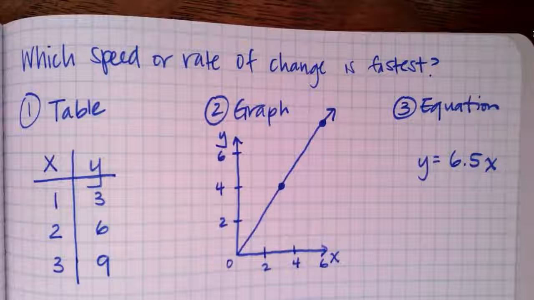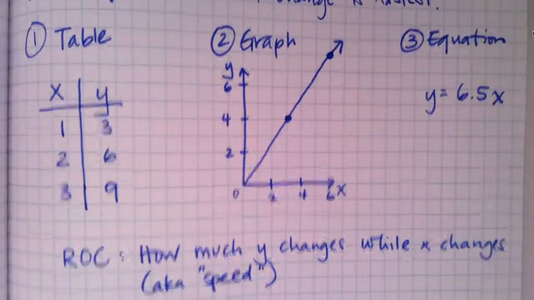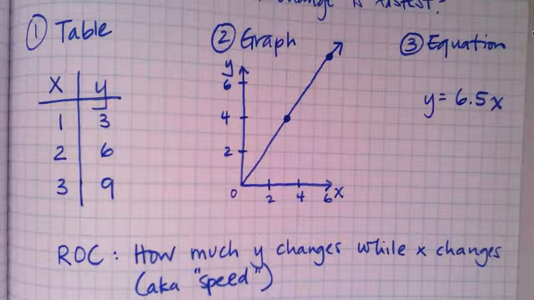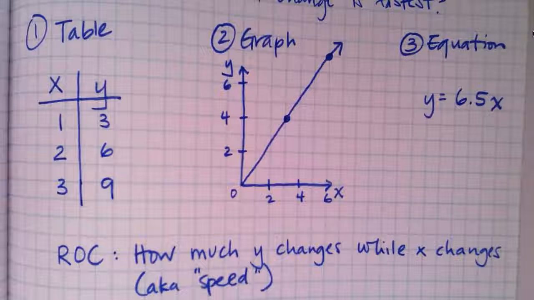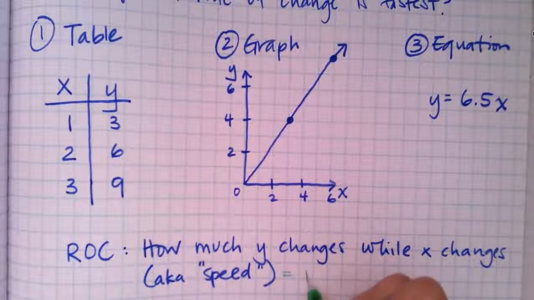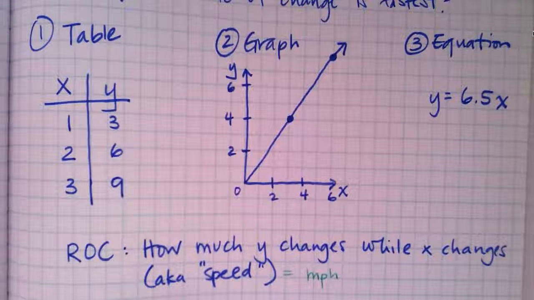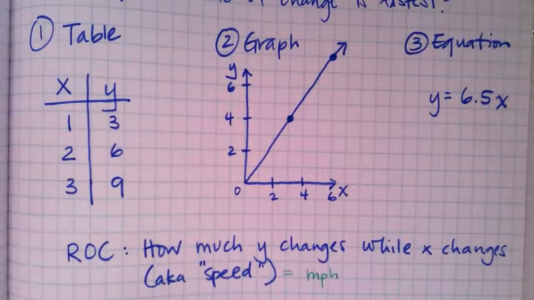Okay? So first of all, you should know that rate of change is how much y changes while x changes, and it's also known as speed. So if you think about speed, we normally say miles per hour, right? So in that case, miles per hour, mph, the miles and the hours are your x and the y.